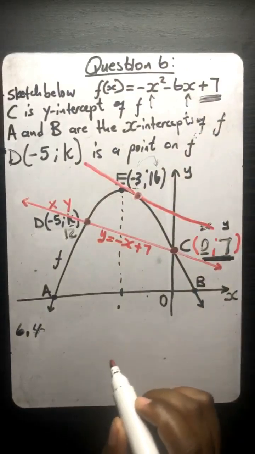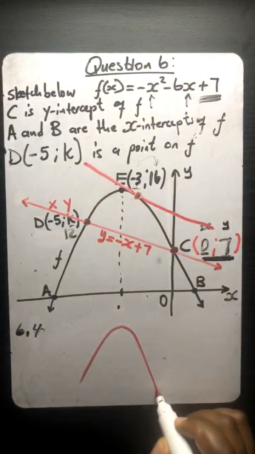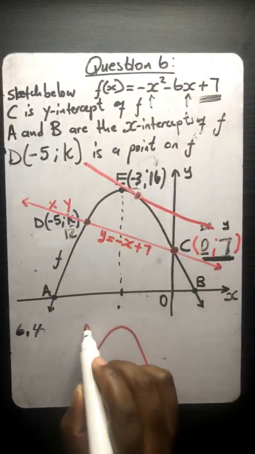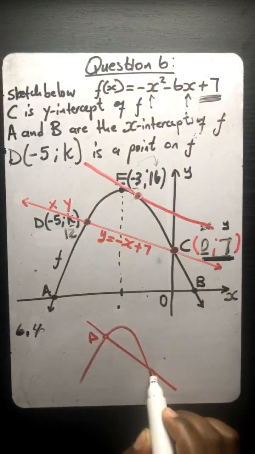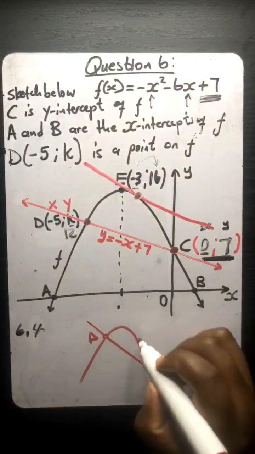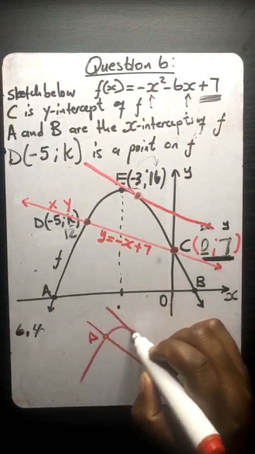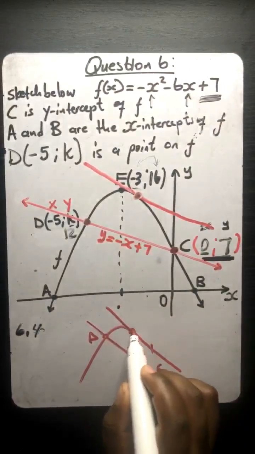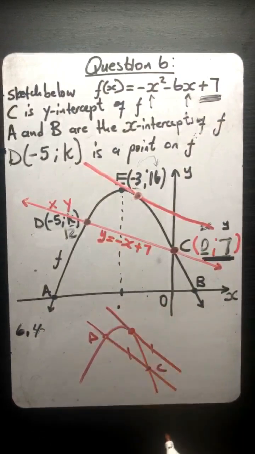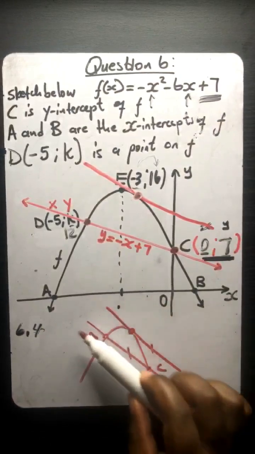So let's say this is that function, and this is that line, line D and C. What I was trying to draw was another straight line which is parallel to that one, and can you see it touches the function at one point and not twice. Why did I have to draw it above?